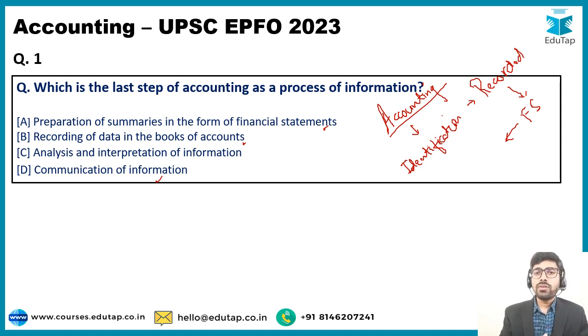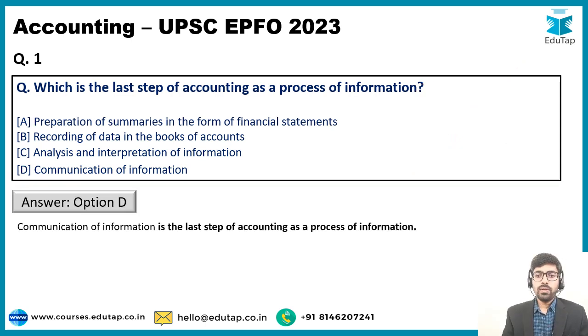So the last or final step is to communicate whatever information has been generated from the process of accounting to all the relevant users of accounting. So the correct answer to this question has to be option number D.